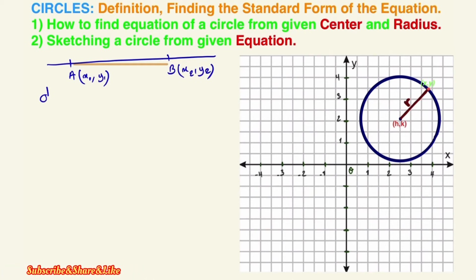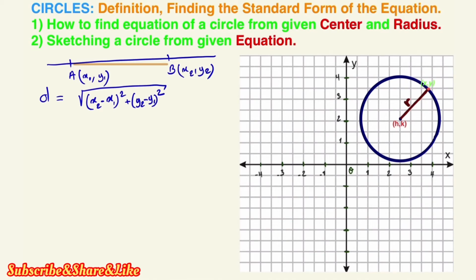So the distance d between them is just the square root of (x2 minus x1) squared plus (y2 minus y1) squared. So this is the formula of the distance. Let's apply it in this case to find the general form of a circle.